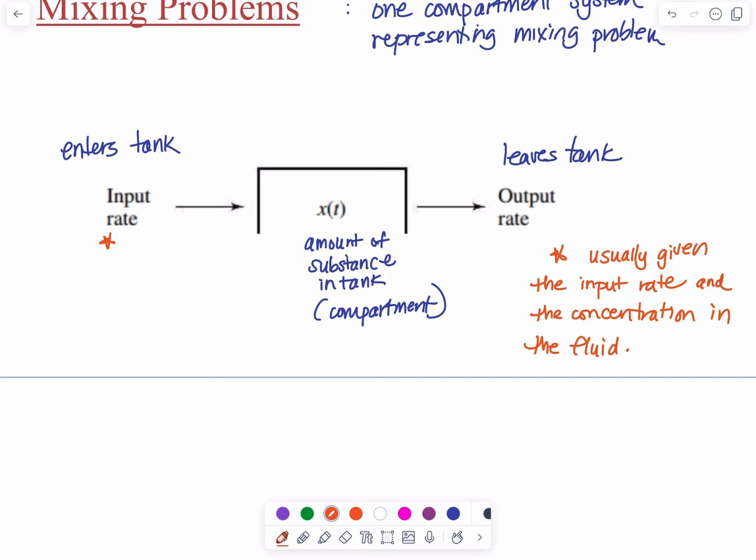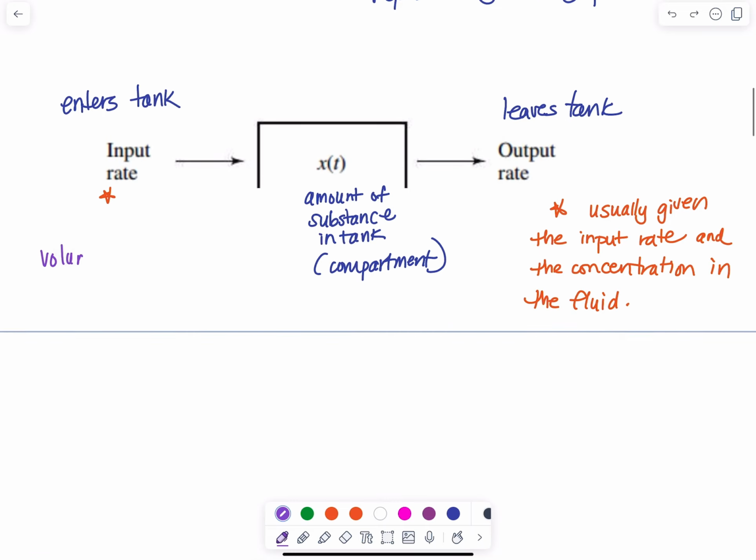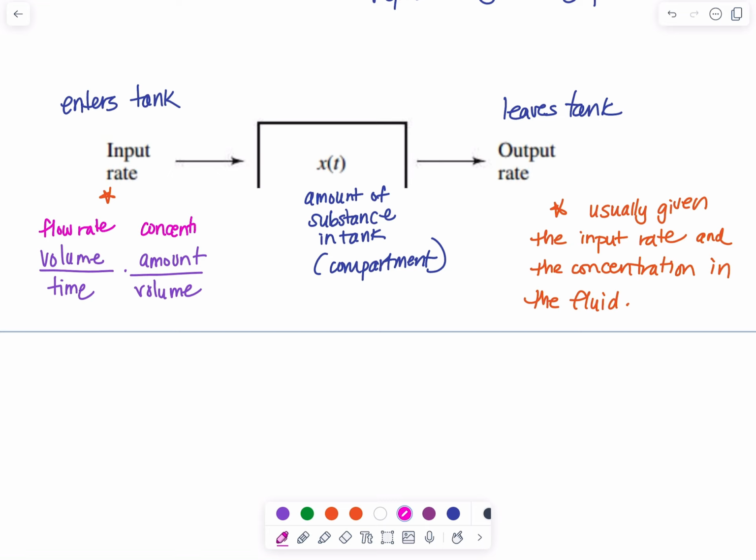So when we are given those, if we multiply the flow rate, which is volume divided by time, and this is our flow rate, by the concentration, we will come up with the input rate.